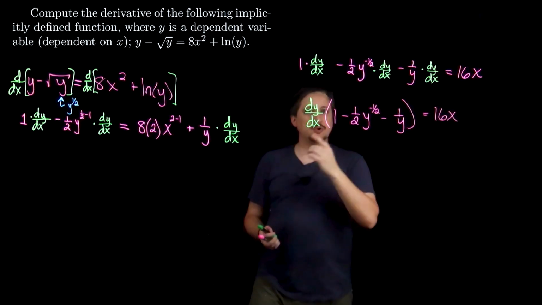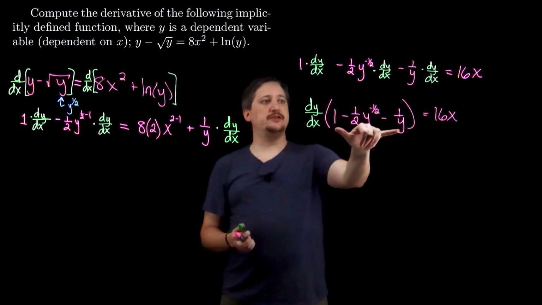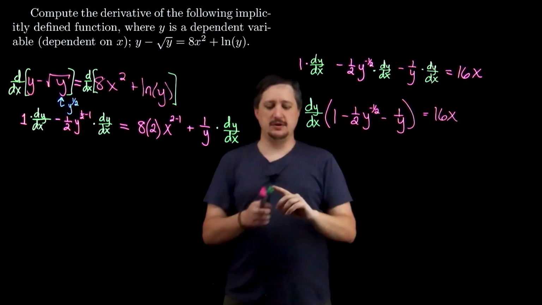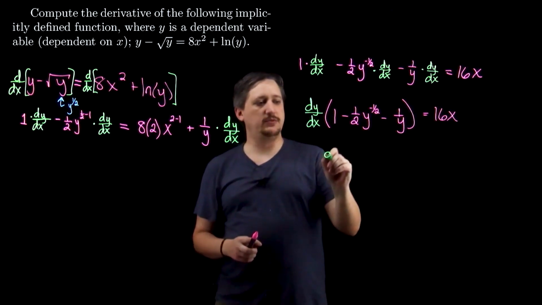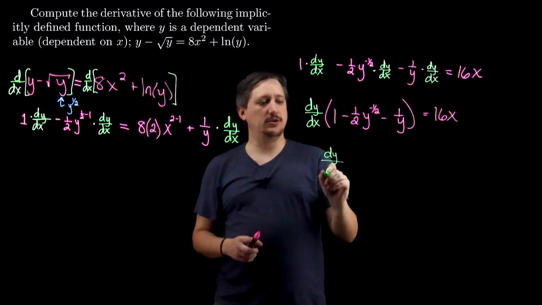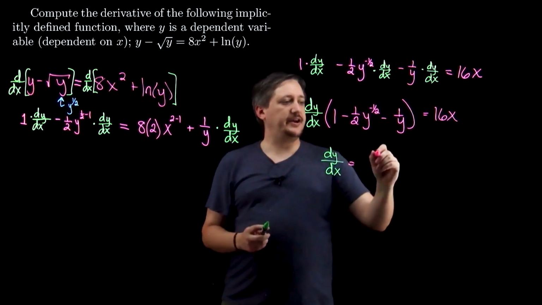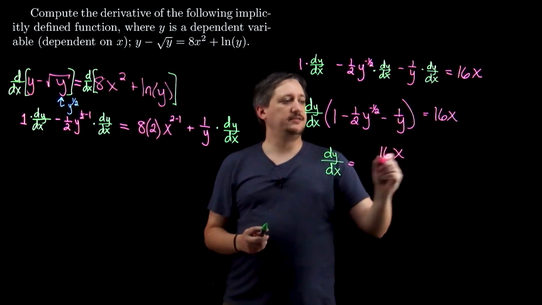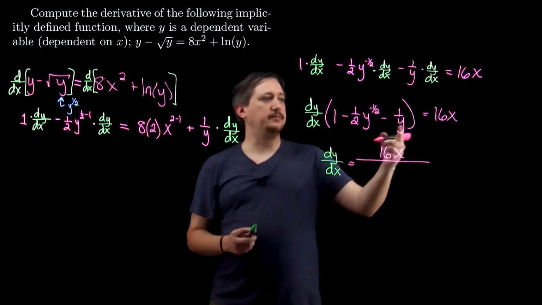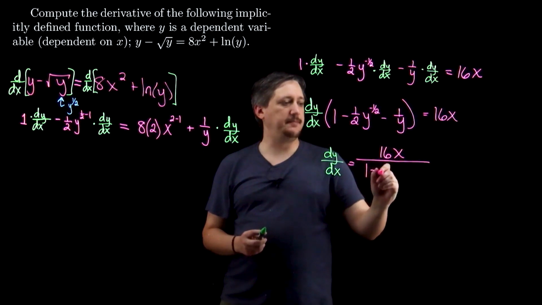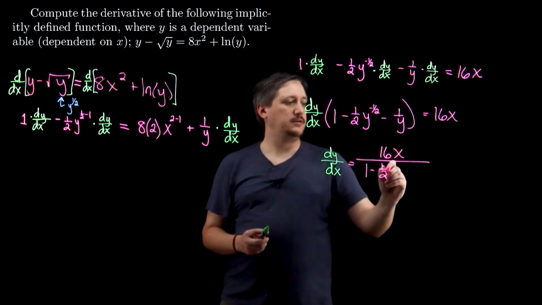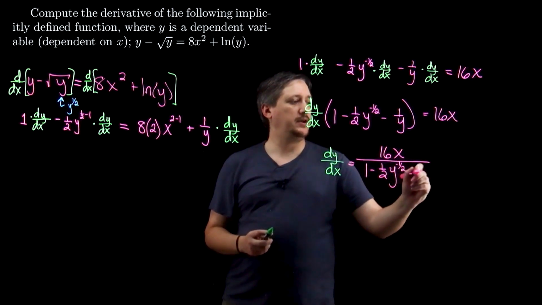Finally, my goal is to get dy/dx by itself, so I'm going to divide everything by this. I end up with dy/dx all alone on the left, which is what I want. On this side I have the 16x, divided by this whole thing: 1 minus 1/2 y to the negative 1/2 minus 1 over y.